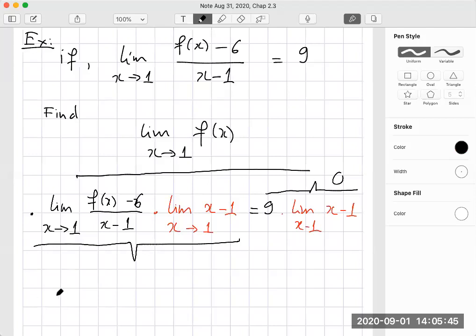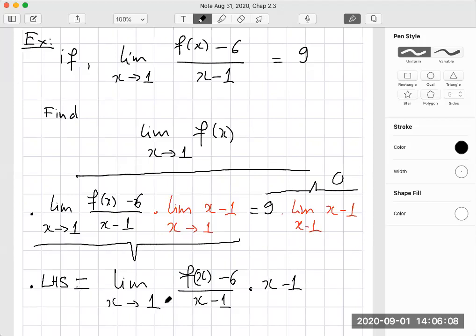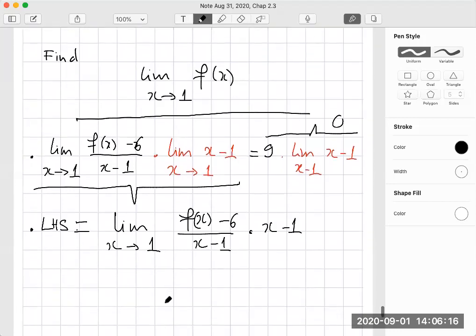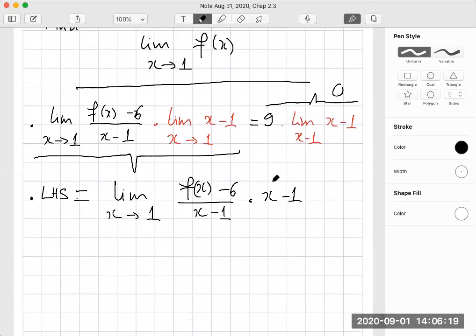And the left-hand side is equal to the limit of the product, f of x minus 6 divided by x minus 1, times x minus 1, when x approaches 1, right? The product rule. And now, be careful, this is a bracket.